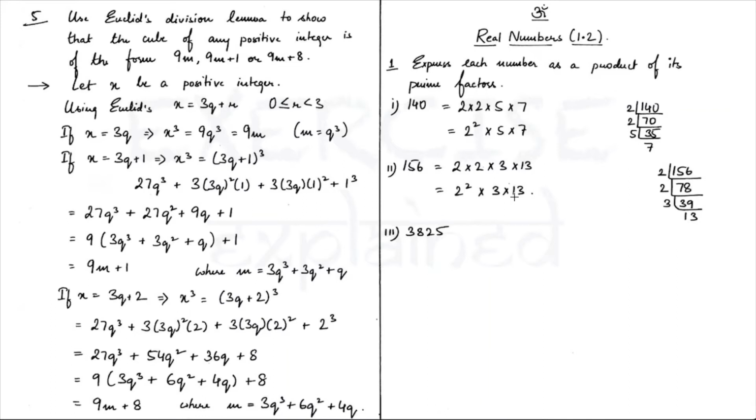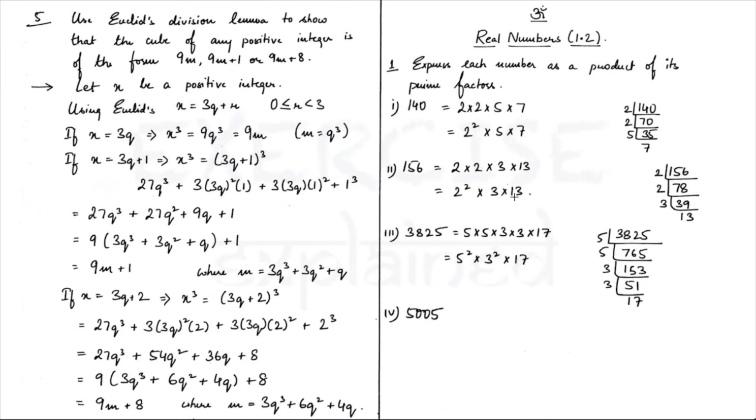Now you can see we are heading into slightly bigger numbers, 3825. Now 3825 can be divisible by 5. So when we divide by 5, we get the quotient as 765. Now this 765 is again divided by 5, and I get it as 153.